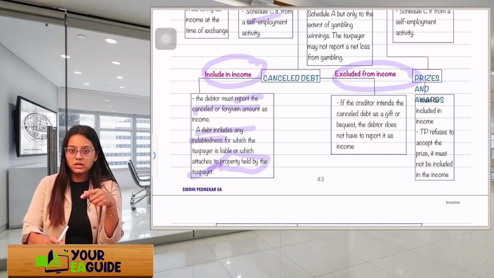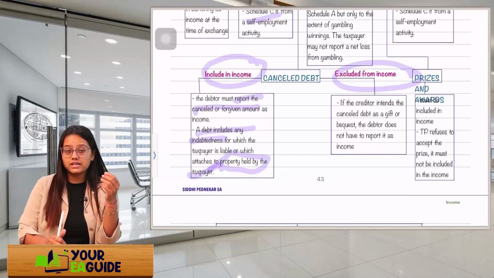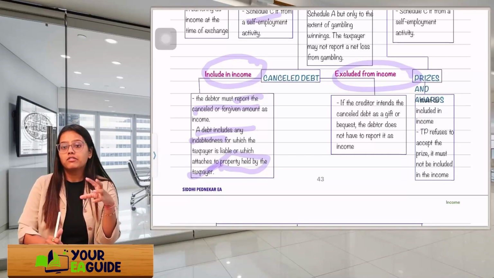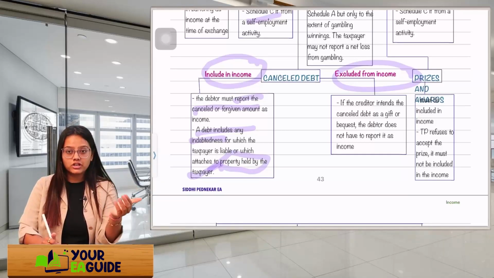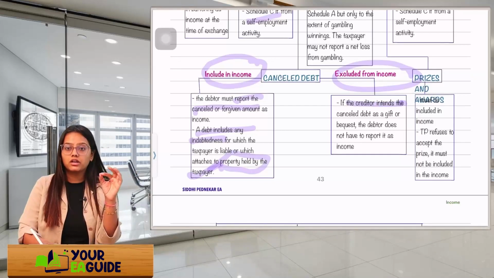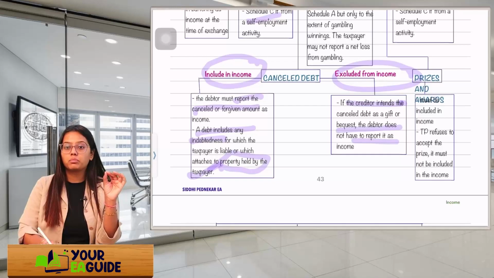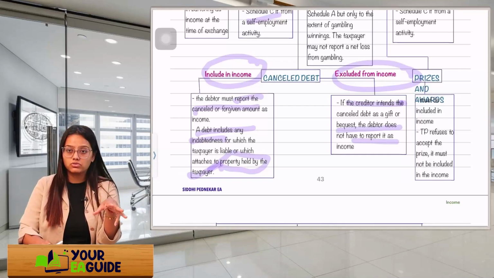Let's say the bank is going to give it to me as a gift, its intention is to cancel the debt without my actions. So if the creditor, meaning the bank, cancels the debt as a gift, the debtor does not have to report it as income.